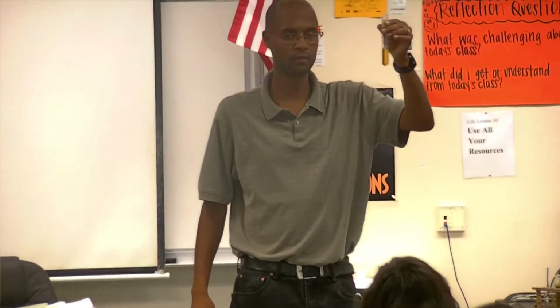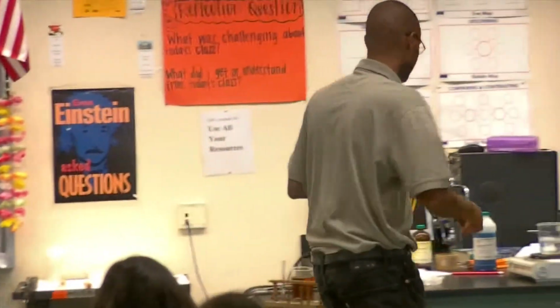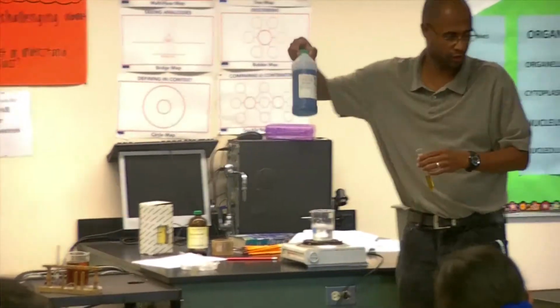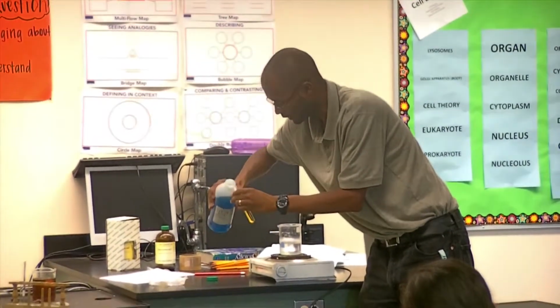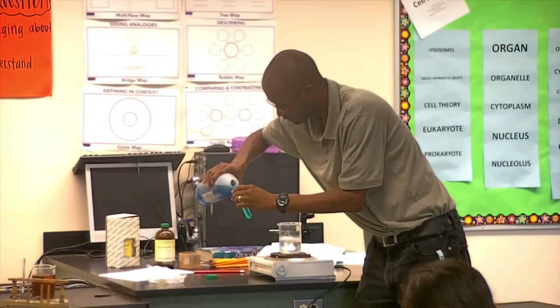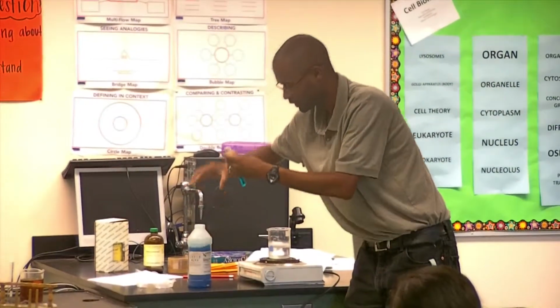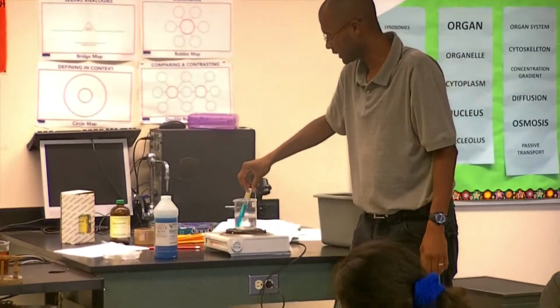Sugars in here. Benedict's solution, good. We use Benedict's solution. Put a little bit in here. Here's our Benedict's. What color is it? Blue. Let it sit there now.